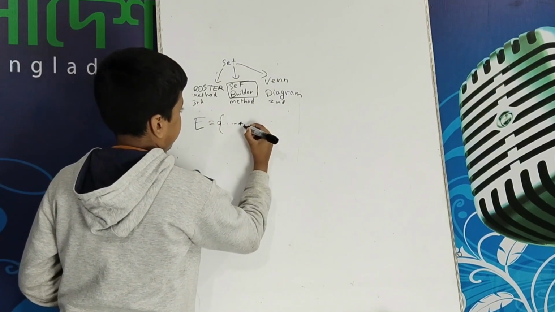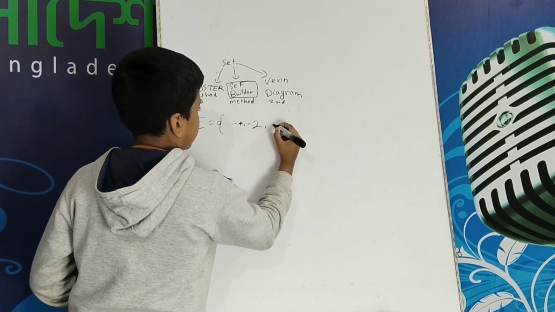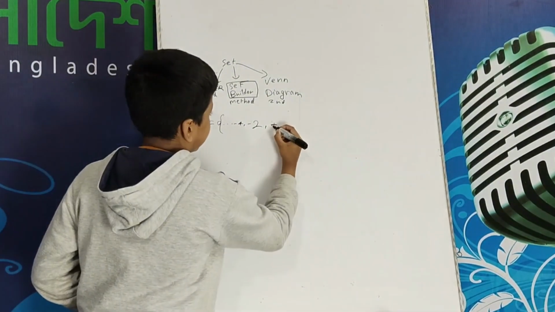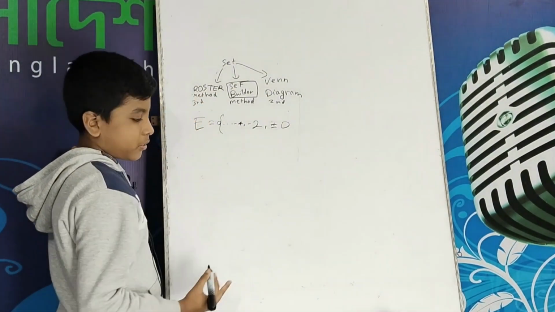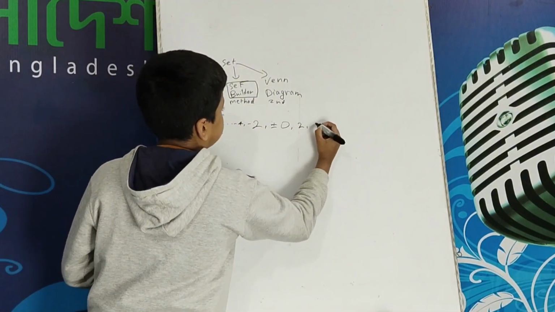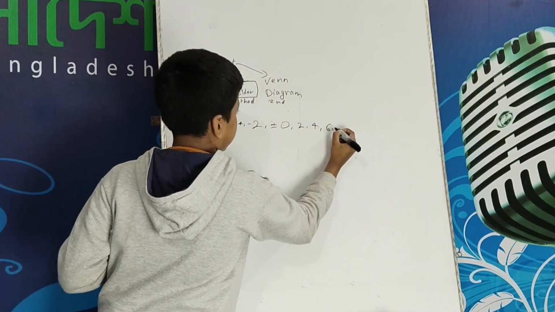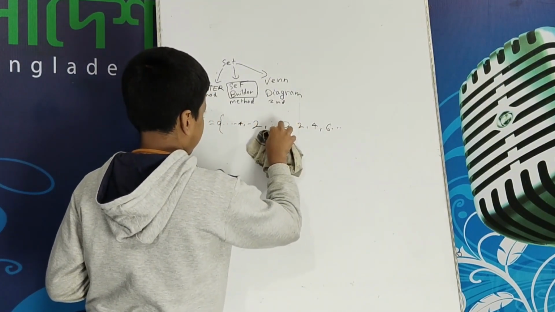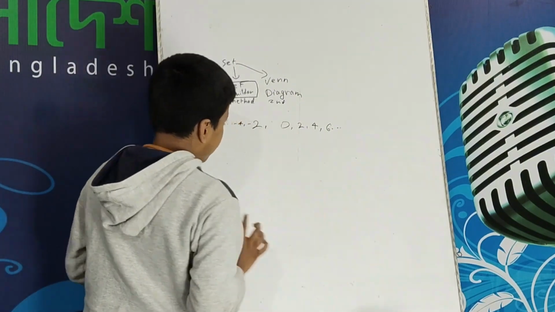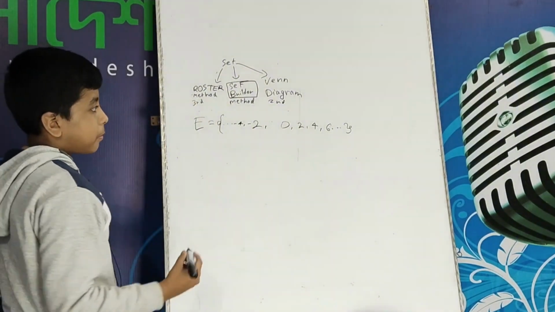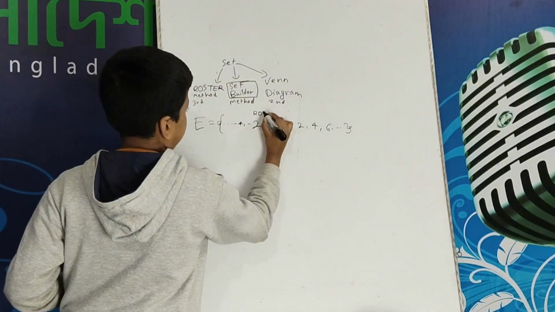For example, -4, -2, well, to be honest, plus or minus 0 really does not matter. And 2, 4, 6, ... Actually, I'm gonna remove the plus or minus right here. Okay, cool. So this would be the roster method.